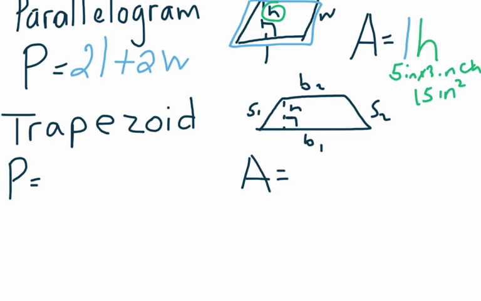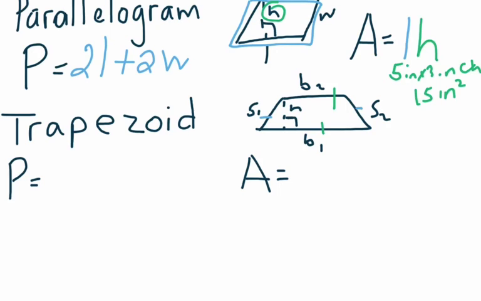Okay. The next shape is a trapezoid. A trapezoid has one set of parallel lines and another set of lines. These are the parallel lines here. And then these side lines here could eventually intersect if you continue the lines up. Okay, you see our measurements are indicated by side 1 and side 2.